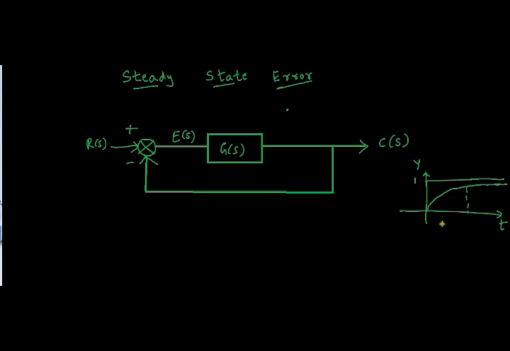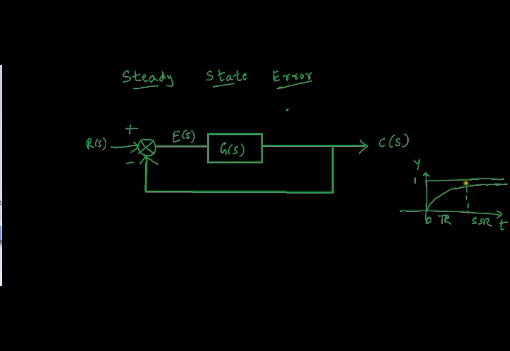As you can see, from time 0 up to this point, this part of the response is called the transient response, and what follows next from here till t tends to infinity is called the steady state response. In steady state response you can see that the output is trying to reach the value of input.